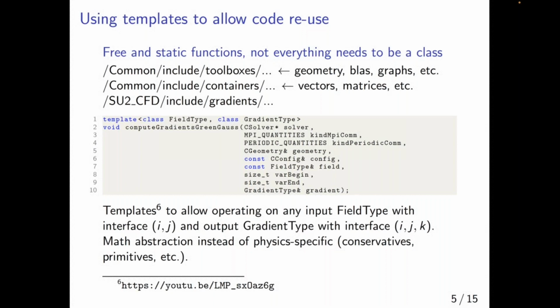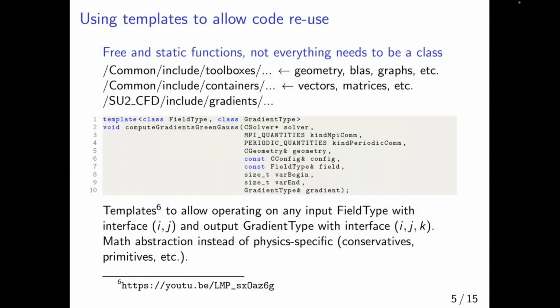So a function to compute gradients, Green-Gauss. And this thing operates on a field, any type of field, as long as it gives you this kind of interface. So as long as this type gives you this interface, it will work with this function.